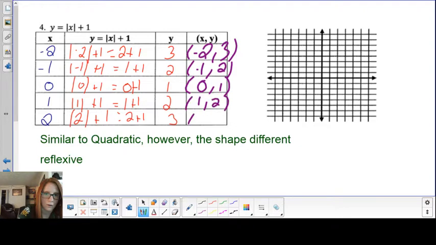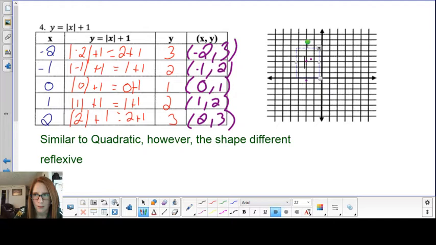And we have 2, 3. So to the left 2, up 3: 1, 2, 3. Left 1, up 2, 0, 1, 1, 2, and 2, 3.